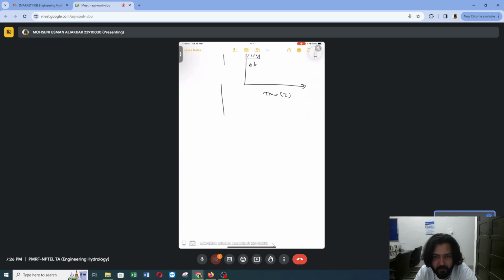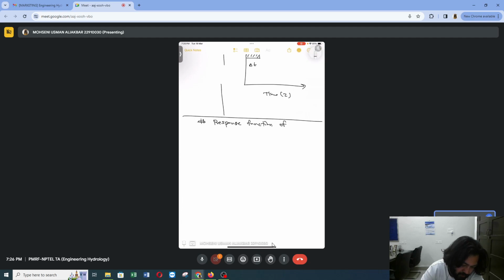The first is unit impulse, second is unit step, and third is unit pulse. So these are the input functions of a linear system. Now what we are going to talk about is the transfer function, which we call the response function. So here we are going to talk about the response function of a linear system.